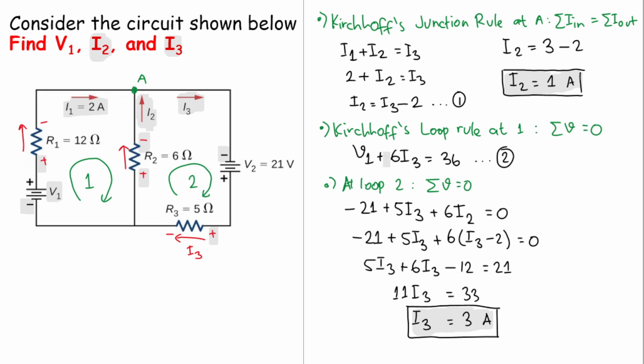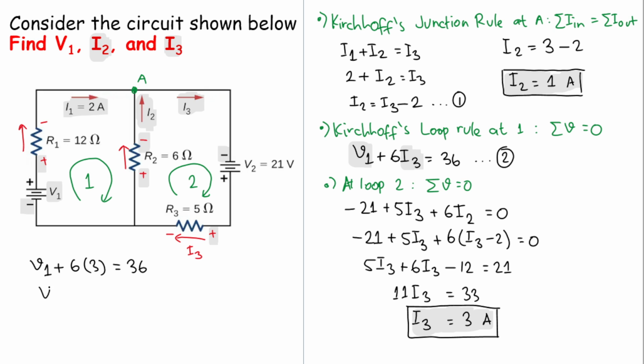So now we just need to find out V1, but that is quite easy because we know I3 here. Okay, so we have from equation 2, V1 plus 6I3, but I3 is 3, so I'll have 6 multiplied by 3. That will equal to 36.